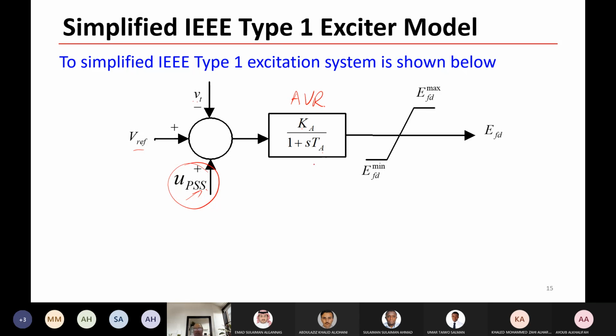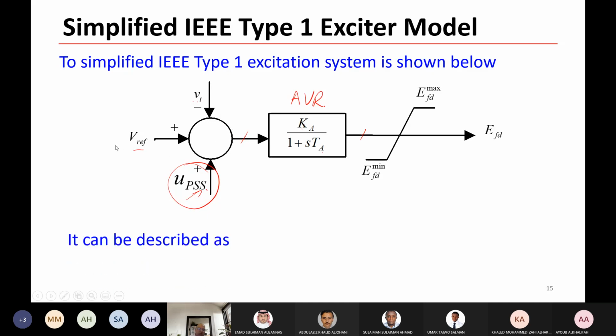If this is the simplified model, what would be the order of this excitation system, if we need to model it? It's first order. We have only one integrator here, so it is first order. So we can write directly EFD dot equal to the summation of all multiplied by KA, and then it is multiplied by this.